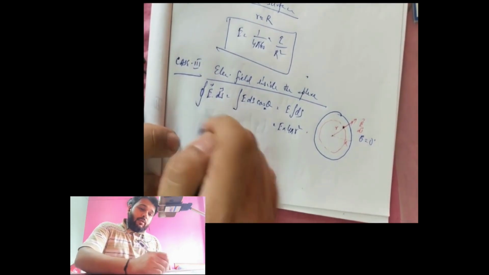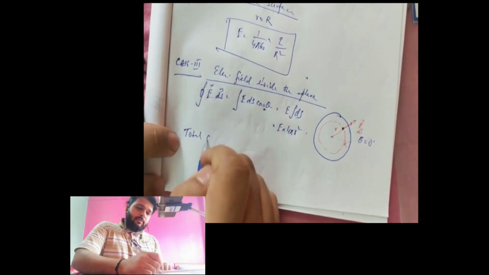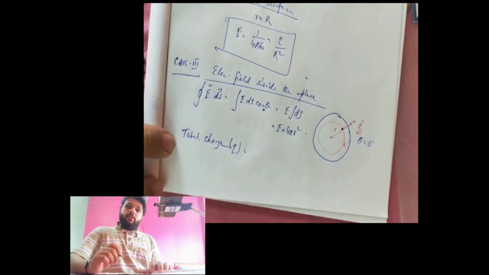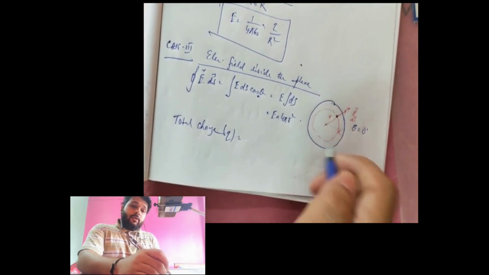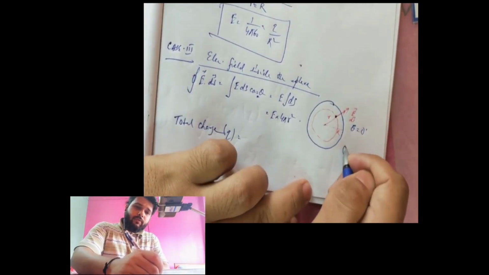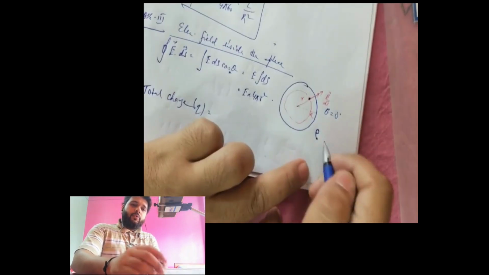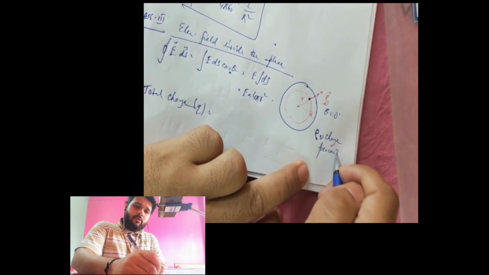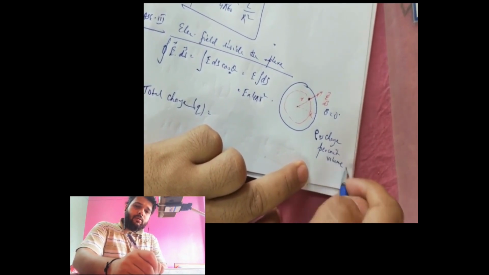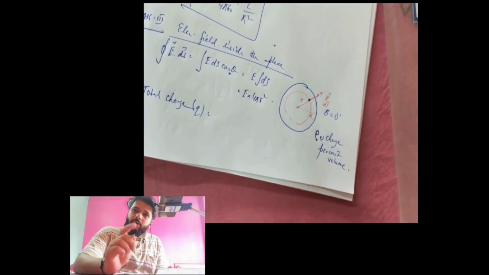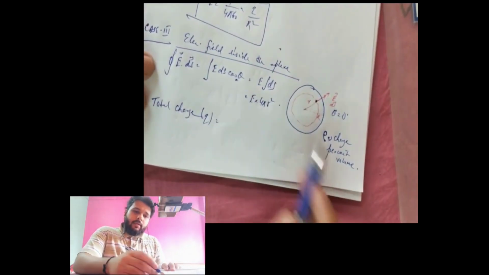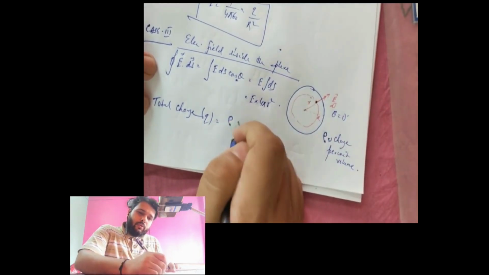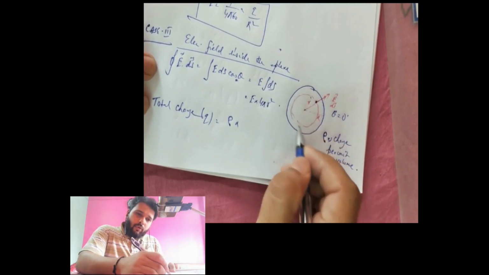Okay. Now what will be the total charge? Total charge Q will be how much? So just remember, during volumetric charge distribution we take a notation rho. Rho is charge per unit volume. Now here the total charge will be, suppose the charge per unit volume is rho, into the volume of this sphere.